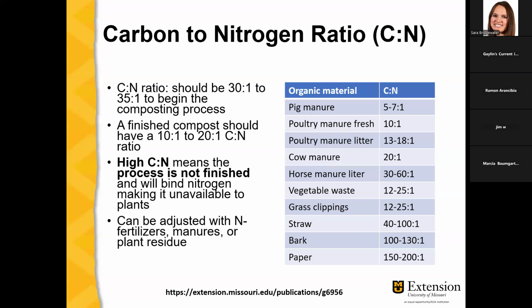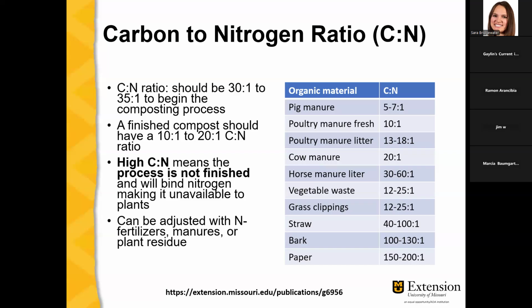So if you add a high carbon to nitrogen ratio compost to the soil, it most likely will fix the nitrogen in the soil. Those microorganisms are going to use it, and that nitrogen is going to be less available for the plants you're putting the compost on. So it's very important that you calculate the ratio and test, so you know the quality of the final product.